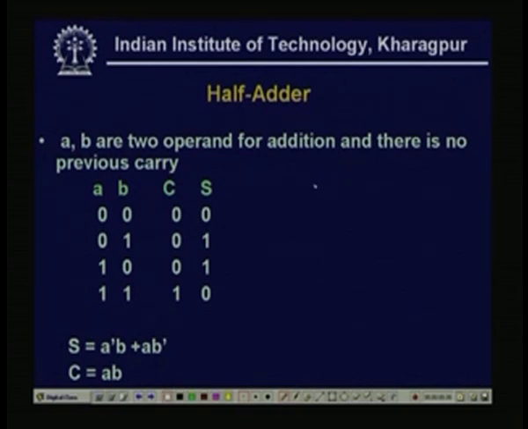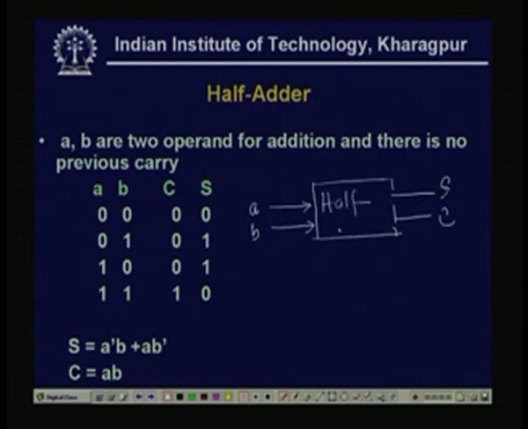So there are 2 operands A, B, which are the inputs, and 2 outputs, one is my sum and one is my carry. I am calling this a half adder because I am not considering the previous carry bit.